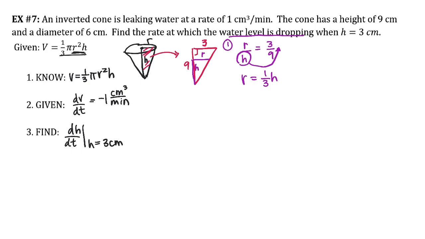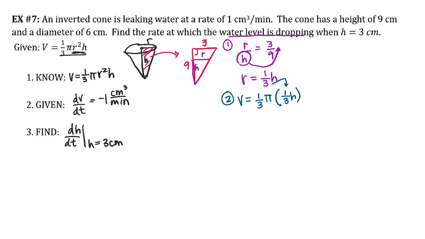Now our second step for this, let's go back over to our formula and let's plug in what we know about that radius. So our volume formula is going to be 1/3 pi times r squared, but we are going to substitute that r value in terms of h to make it a little bit easier.